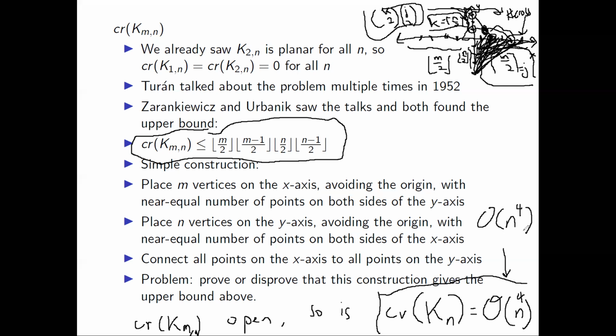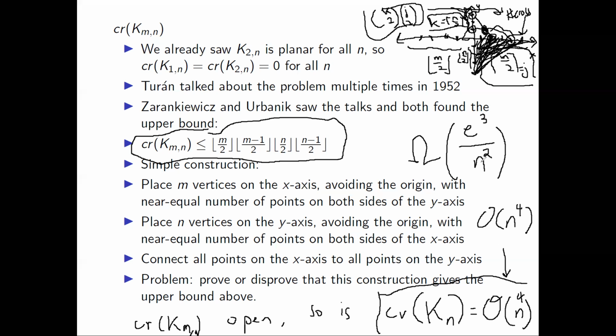But we're going to see a general lower bound on the order of omega of the number of edges cubed divided by the number of vertices squared.